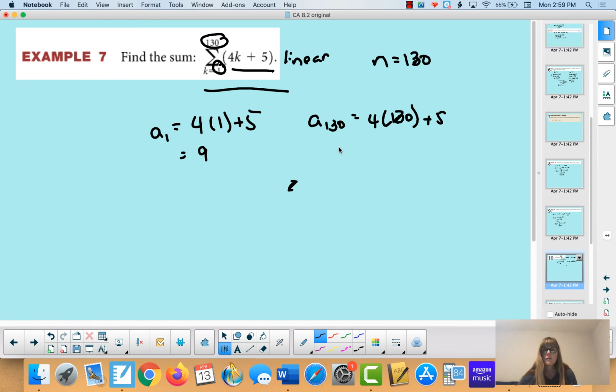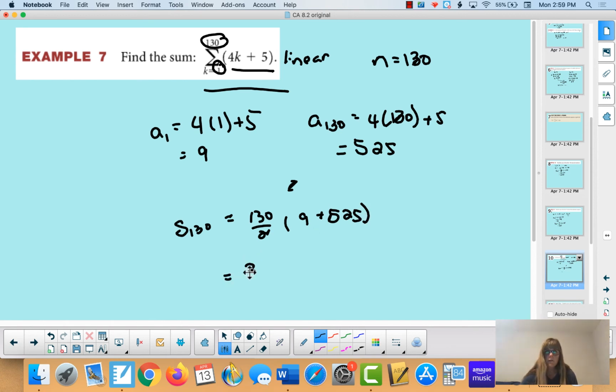And that gives us 525. And now we can find S of 130 by doing n divided by 2 times the first term plus the last term, and that gives us 34,710.